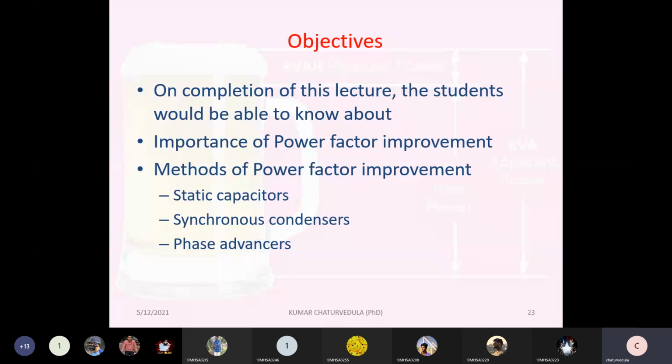That means we try to make the angle between the current drawn by the load and the voltage as small as possible, so that when phi is minimum, cos phi will be maximum. That is the fundamental theme on which we are going to describe these methods of power factor improvement.